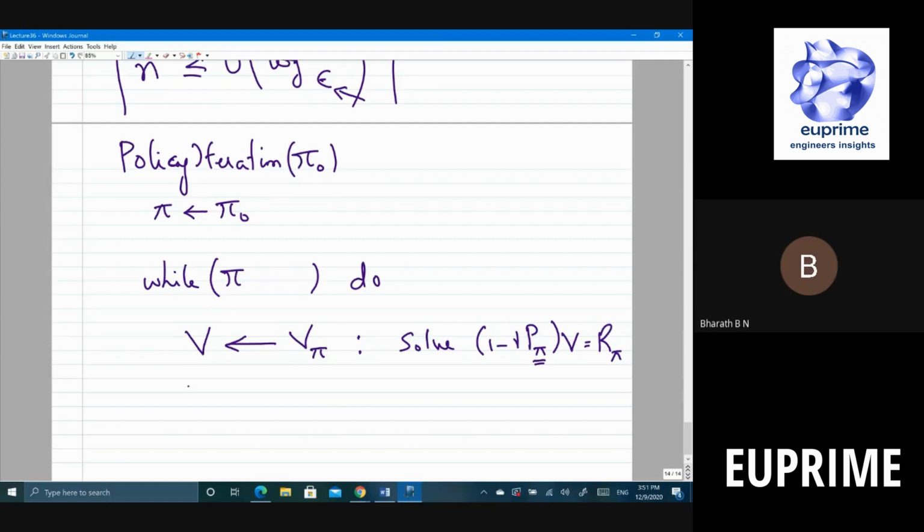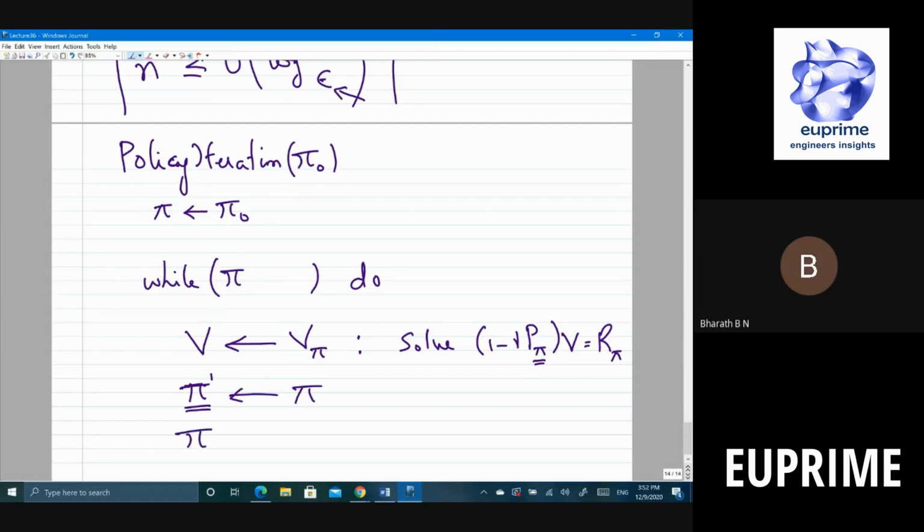Now I'll update my variable pi dash to pi. Whatever policy pi I have, I'll store it. Think of it as a temporary variable where you are remembering the previous policy. Now you have to update the policy.